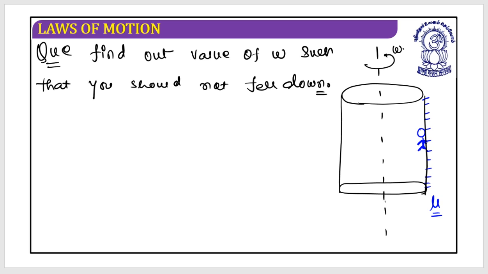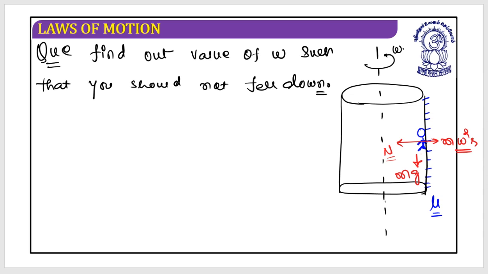What all forces are acting? Let's have a look. The first force must be your mg, your weight. Here you are connected with this wall, which means the normal force. This way there is m omega square r, which we understand is the centripetal force. In this case, centripetal force is provided by the normal.